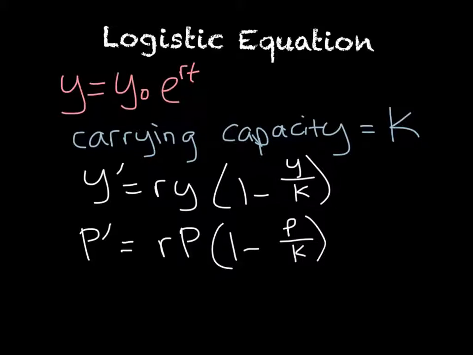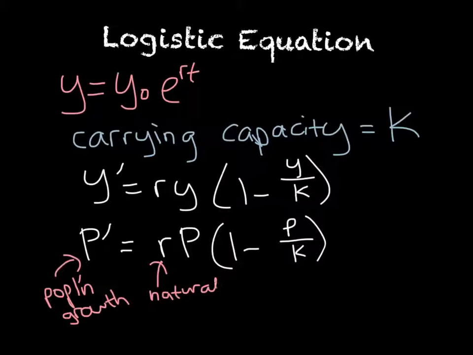So again, in this equation, we have P prime representing population growth, and r representing the natural growth rate of the population.